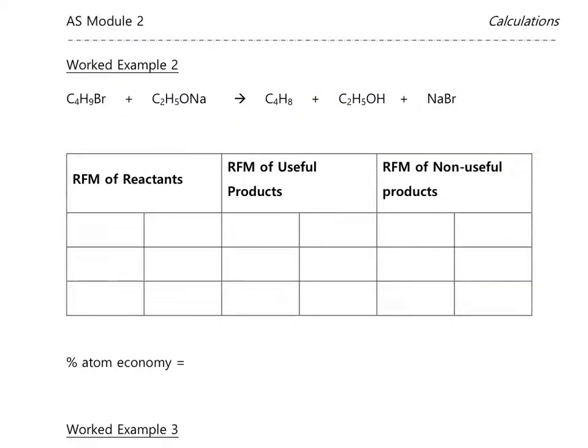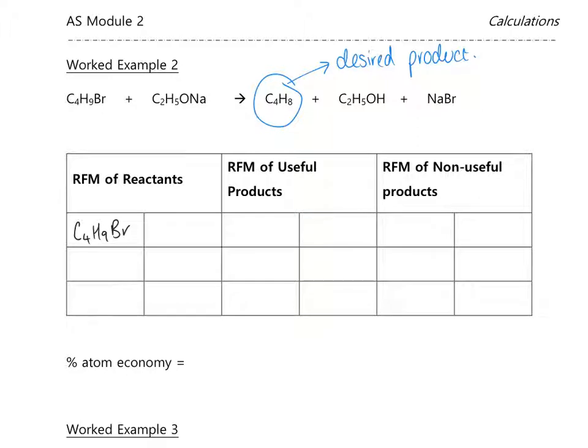So in worked example 2, our desired product is butene. So this is our desired product. We're going to work out the atom economy of this reaction, the percentage atom economy. So our reactants, first of all, let's write down our formula.